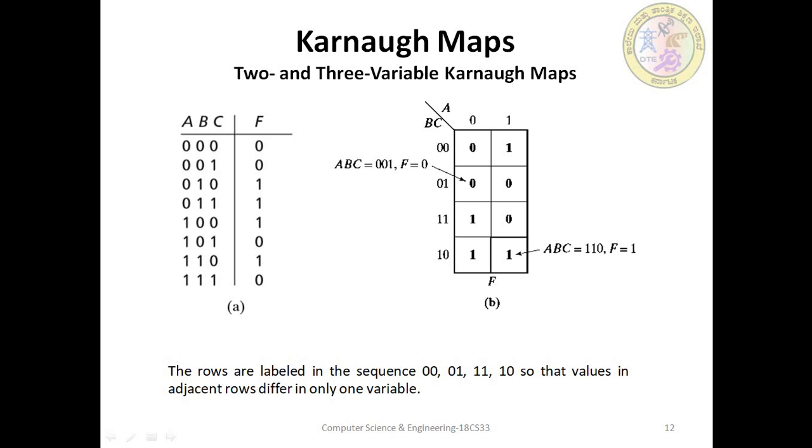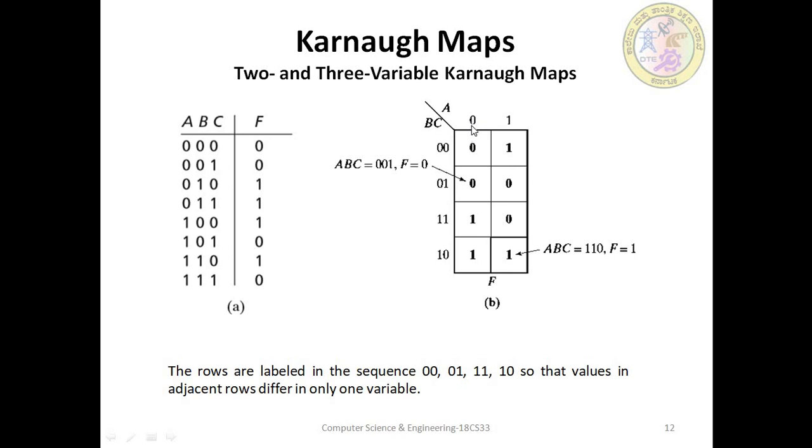And let's see. For this combination, a b bar c, a bar b bar c. Okay, a bar comes, b bar c, a bar comes. Sorry, let's take this one, right? A bar b c bar, a bar b c bar, in the sense 0 1 0, 0 0 0 0.